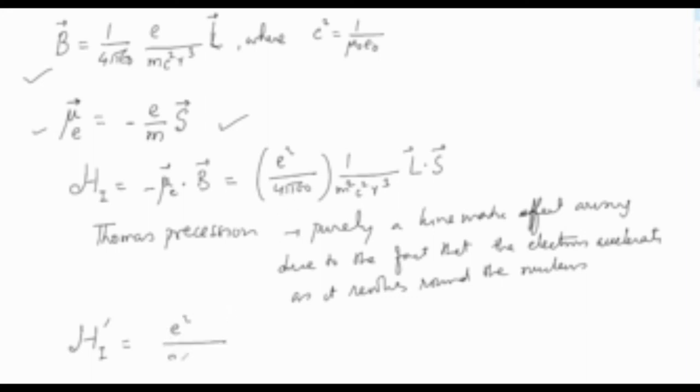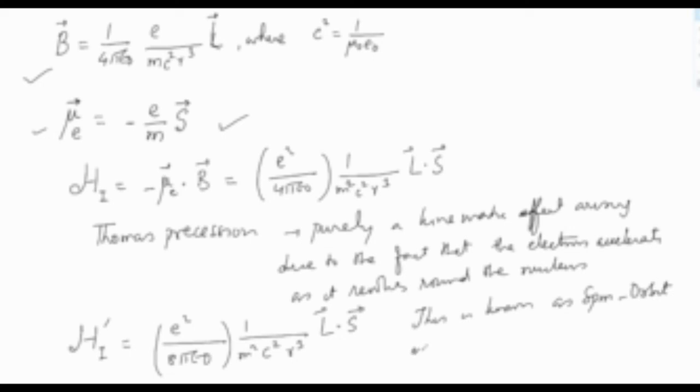Therefore, we'll have E square by 8 pi epsilon naught m square c square r cube L dot S. This is known as spin orbit interaction. Okay.